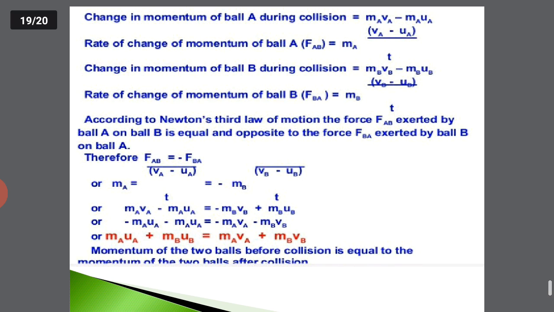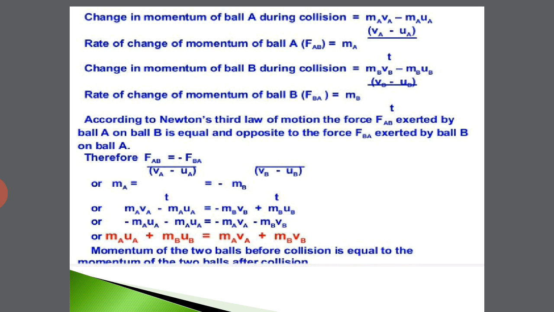Now, the change in momentum of ball A during collision is MAVA minus MAUA, the final momentum of ball A minus the initial momentum of ball A. The rate of change of momentum of ball A, FAB, is MA(VA minus UA) upon T. The change in momentum of ball B during collision is MBVB minus MBUB, final minus initial, with MB taken out common.